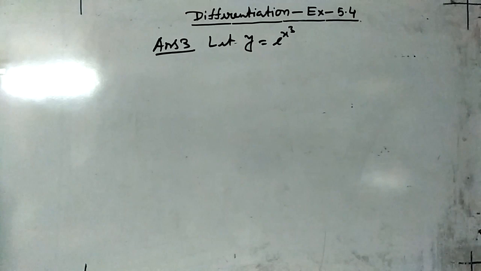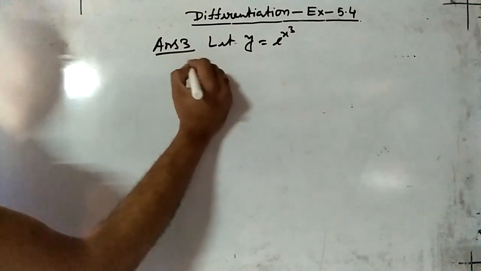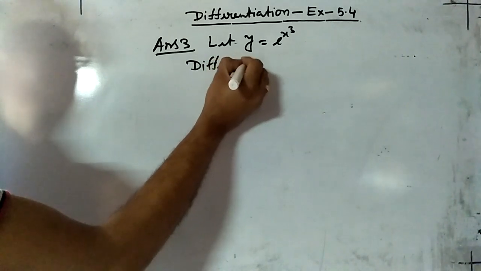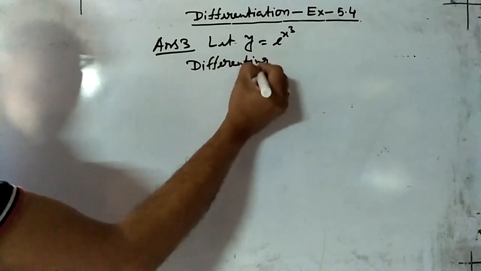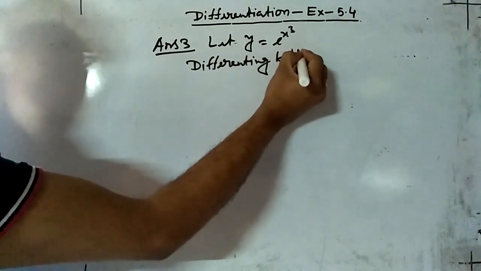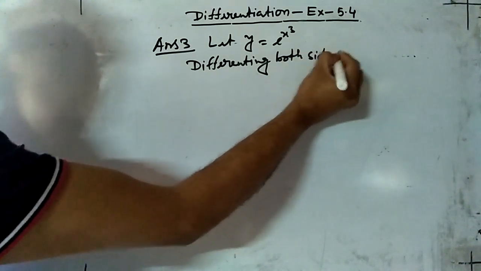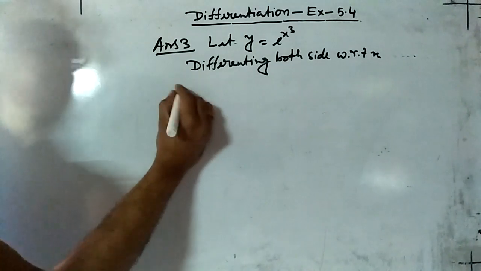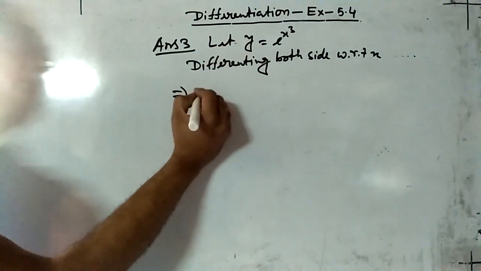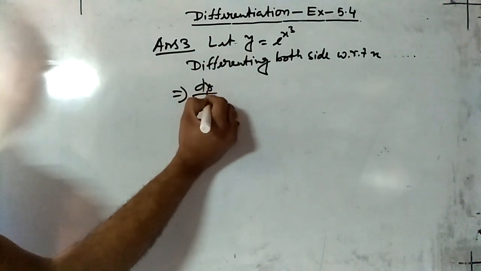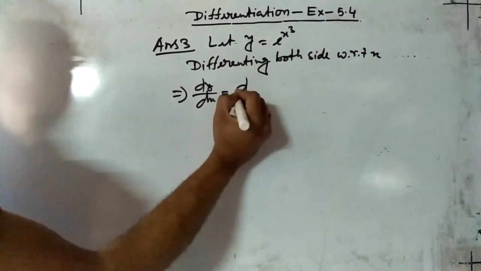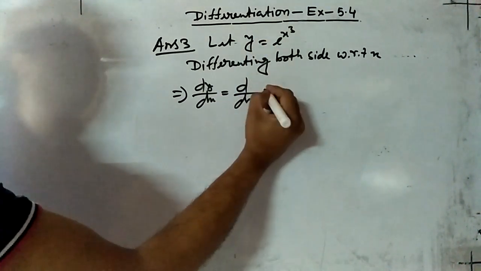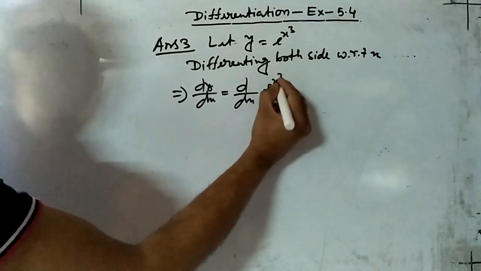So differentiating both sides with respect to x. Left side, if you differentiate, then it is dy by dx, and d by dx is the symbol of derivative, of e to the power x cube.